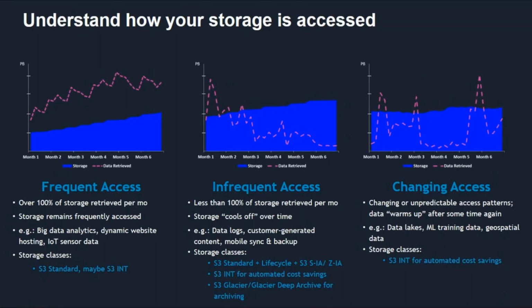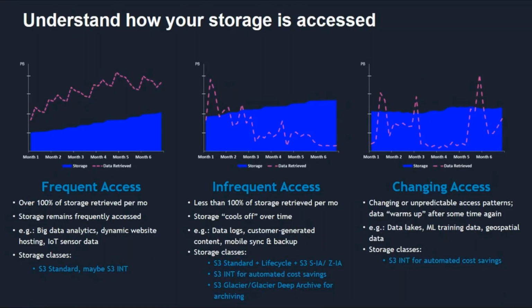Storage class analysis can even go as far as making recommendations when you see things, let's say in the middle, where access isn't as frequent, especially over time, that perhaps I can generate some savings by lifecycling my data into things like Infrequent Access or even S3 One Zone-Infrequent Access. But when my access is changing, that's when I start to recognize the need for an intelligence to monitor and manage my data for me.